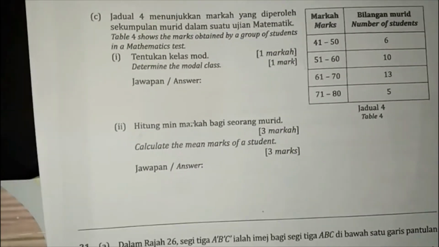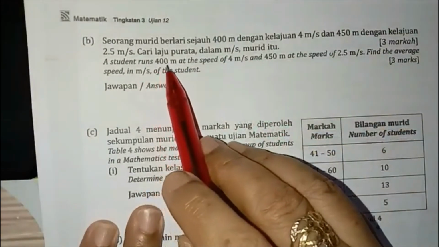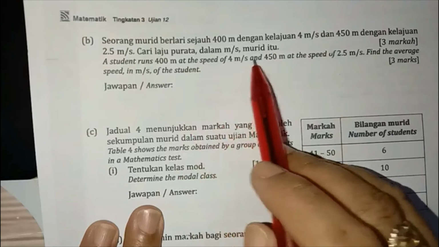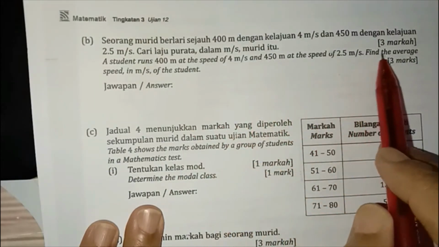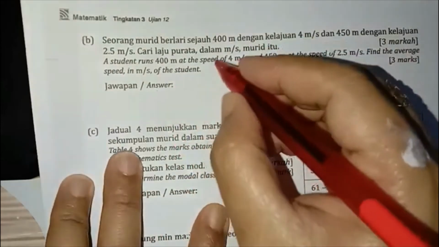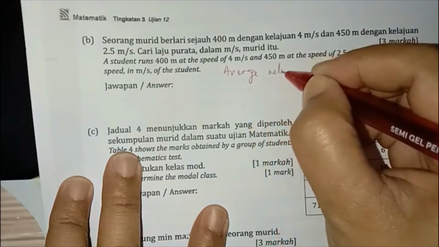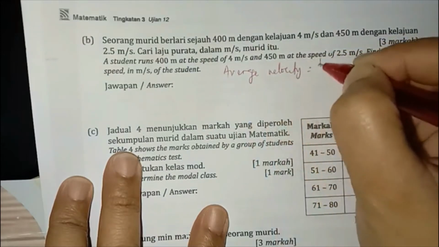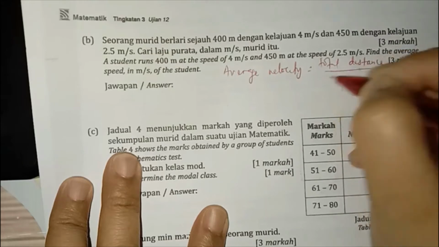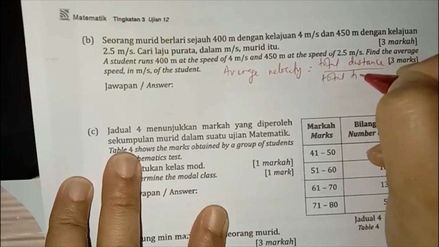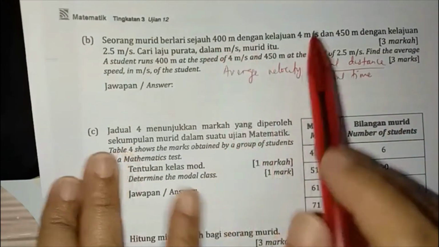Okay. Part B. A student runs 400 meter at speed 4 meter per second and 450 meter at speed of 2.5 meter per second. Find average velocity. So formula, average velocity equals to total distance divided by total time. Okay, so we need to find time taken.